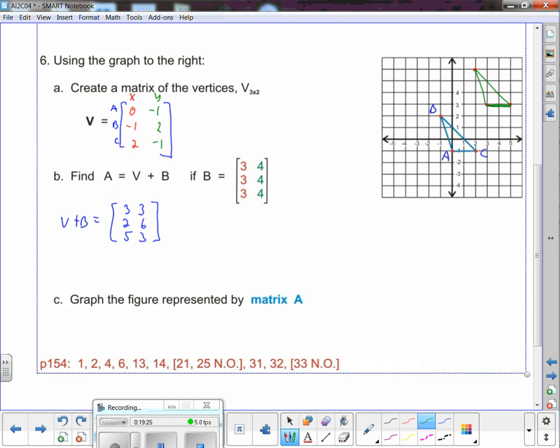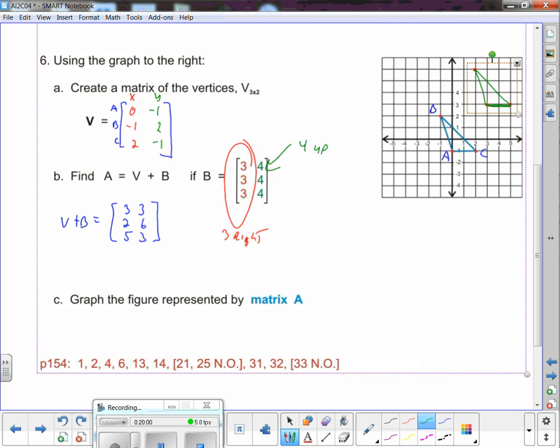So Hunter's trying to look at this and say everything is 3 to the right, 1, 2, 3, and 4 up, 1, 2, 3, 4. Yeah, look at that. Everything is 3 to the right and 4 up. Gee, I wonder how we could do that without looking at the figure. I mean, that's what we just did with this matrix. We translated it 3 to the right and 4 up.